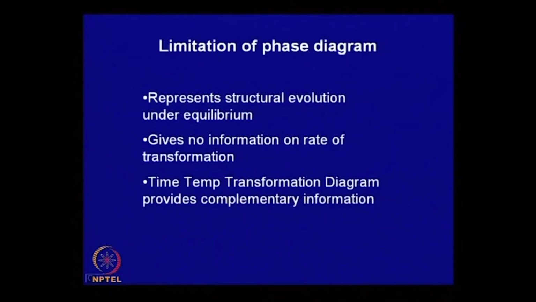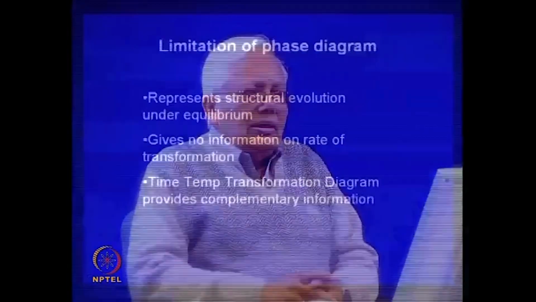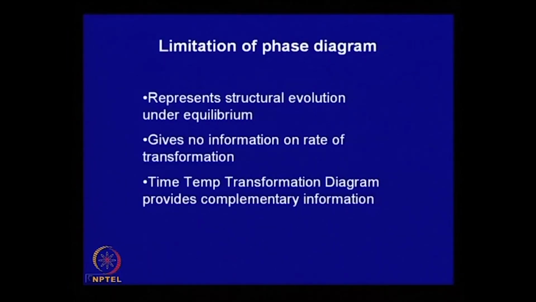And now, with this I think we have completed more or less the simple binary phase diagrams. Before we proceed further, let us look at certain limitations of phase diagrams which are given here. This phase diagram gives you structural evolution, no doubt, but only when the system is cooled at a very slow rate.